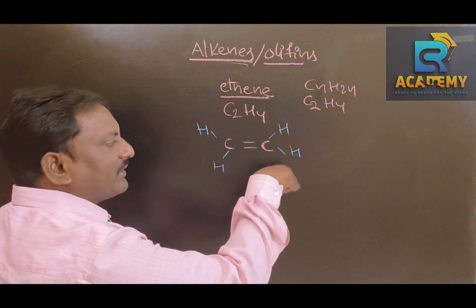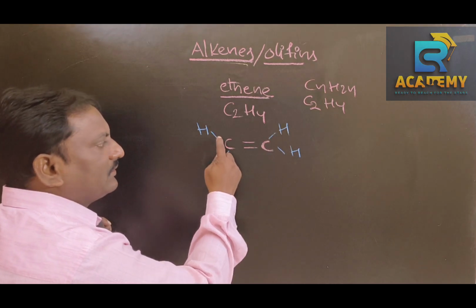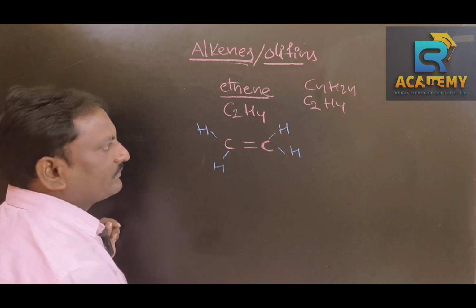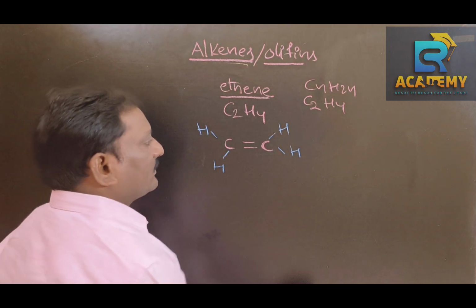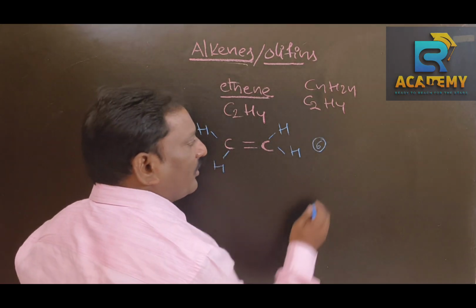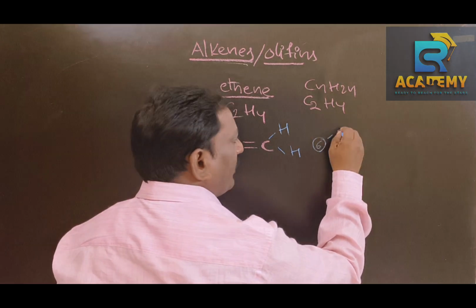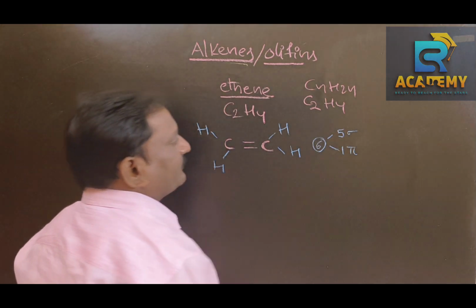How many covalent bonds are there? 1, 2, 3, 4, 5, 6. 6 covalent bonds are there. Among the 6 covalent bonds, 5 are sigma bonds and 1 is a pi bond.